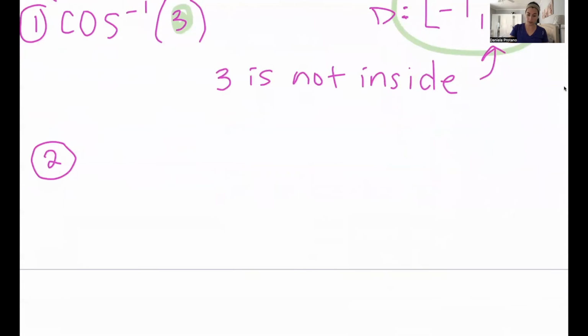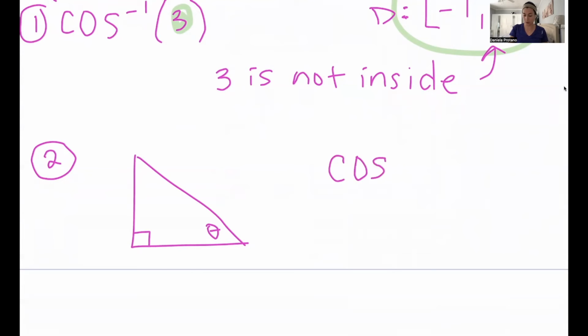Let's take a look at if we were to just sketch a right triangle. So here's theta. Technically we're working with the cosine ratio, but let me keep it inverse so I won't confuse anybody. In general, when we look at inverse, we are looking at the angle here, but what is the input?